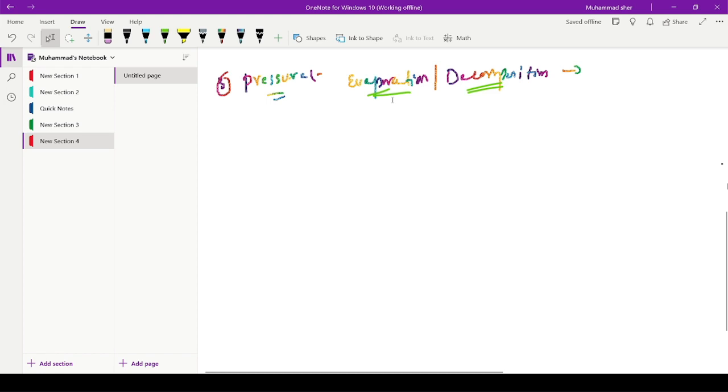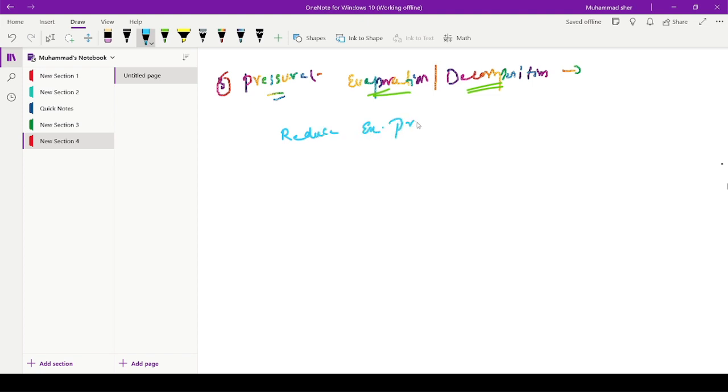The third factor that affects the thermogravimetric analysis is the pressure. Many times we observe that evaporation and decomposition overlap each other in many experiments. So in order to differentiate between these two, we need to reduce the external pressure.